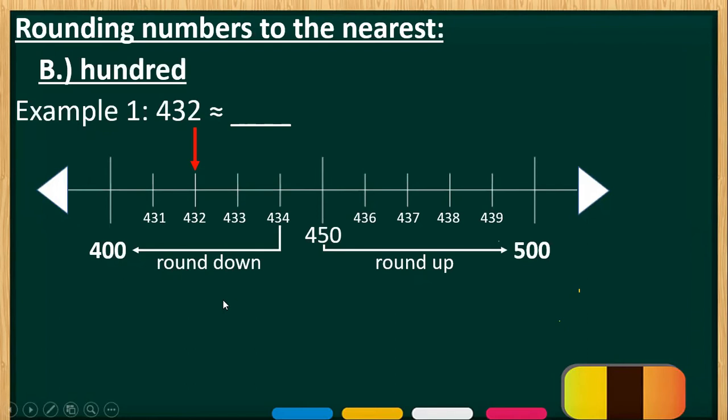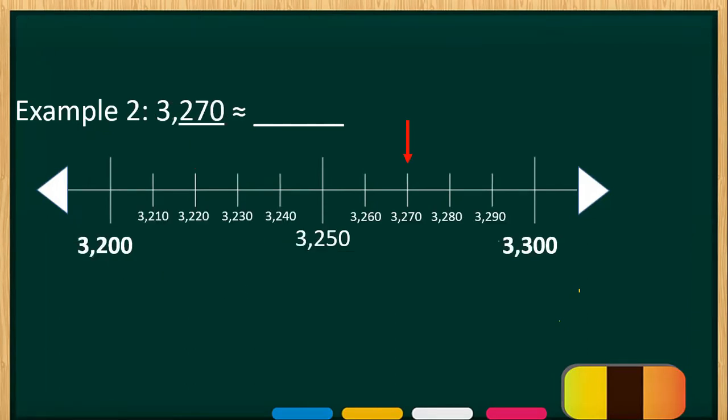400. Very good. Next, example 2, we have 3,270 rounded off to the nearest 100. So our hundreds place is 270. Next, we have the number lines here from 3,200 to 3,300.